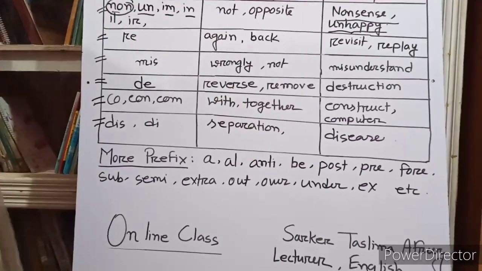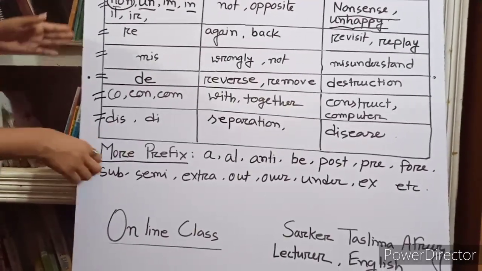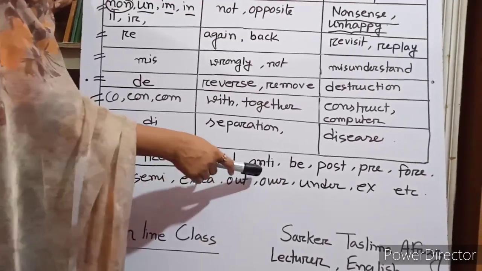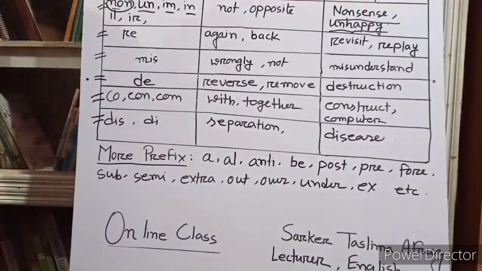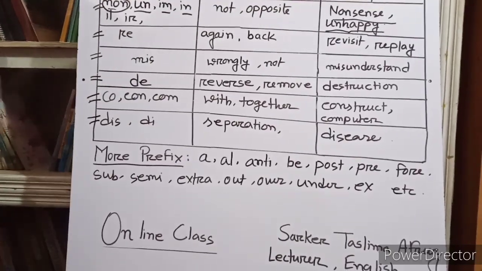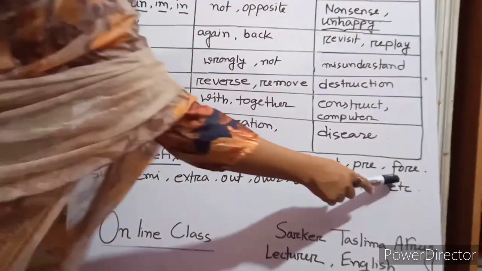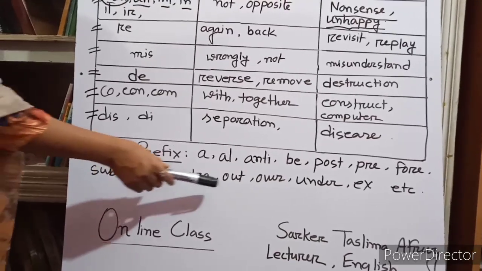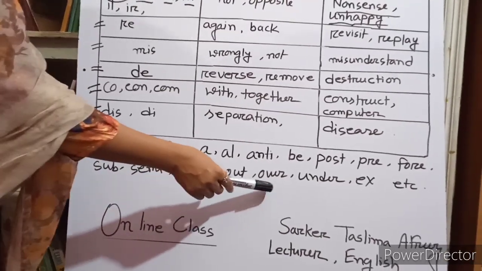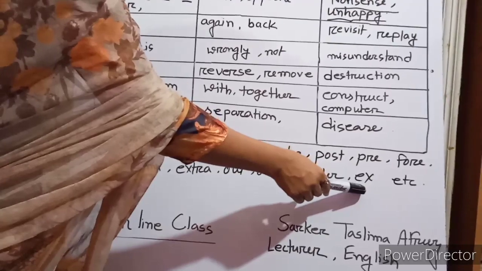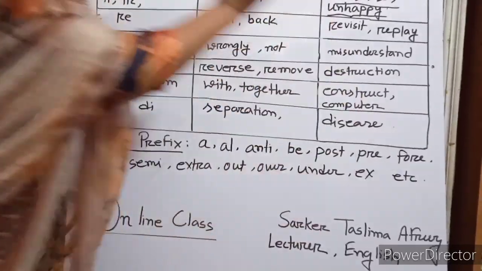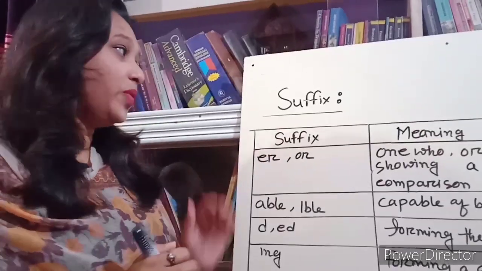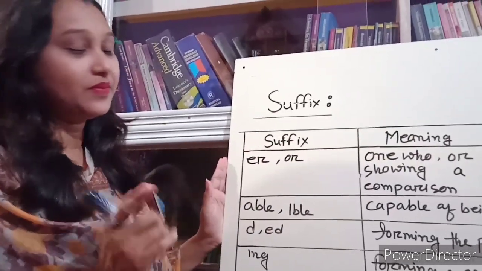That's why I wrote here more prefixes: a, il, ant, bi, post, pre, pro, sub, semi, extra, out, over, under, ex, and etc. Okay, dear students, I hope you understood prefix.